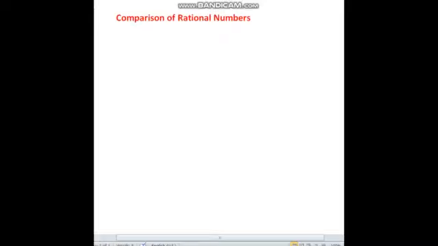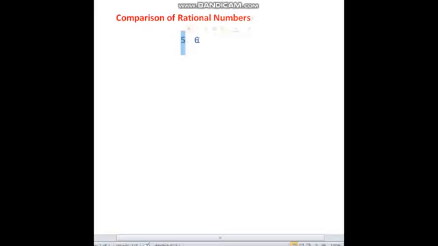Two rational numbers. Like the natural numbers, we cannot compare them the same way, because in natural numbers, suppose here is 5 and 6, we can compare them by looking at their values.